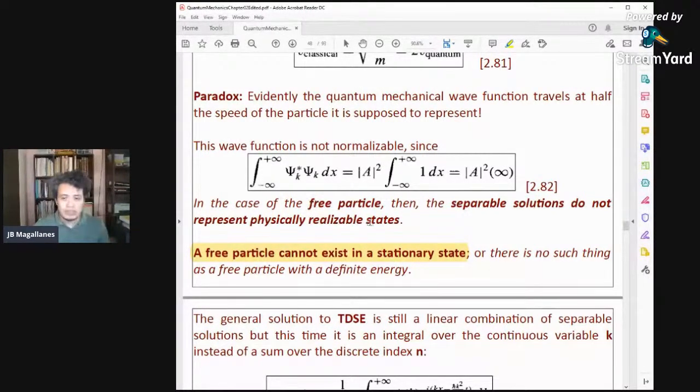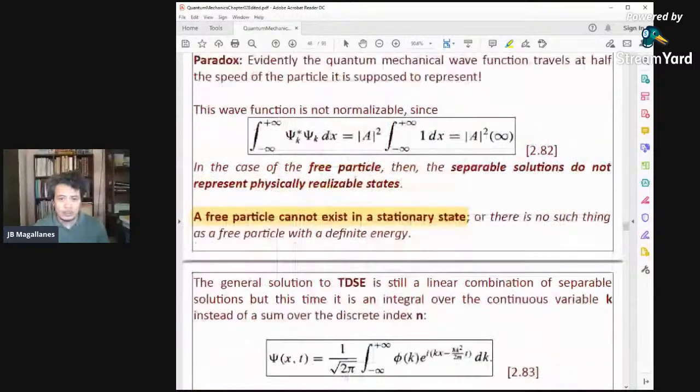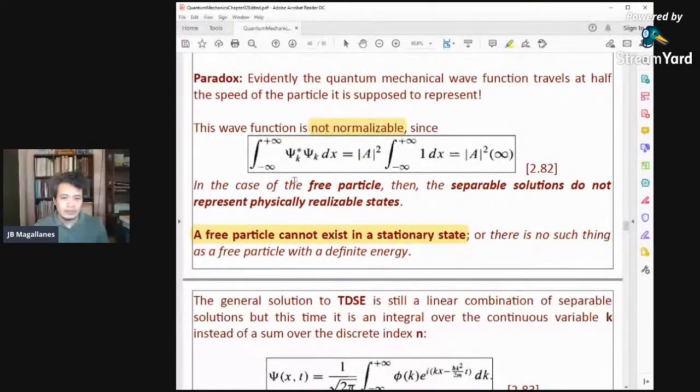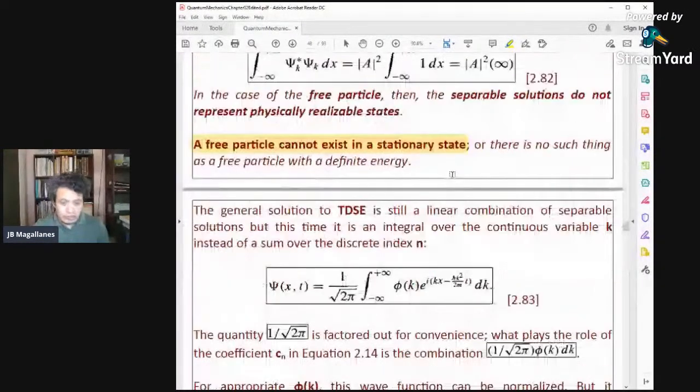That's what it means, because it's not normalizable. This is how to normalize the wave function, and in this case you get infinity.